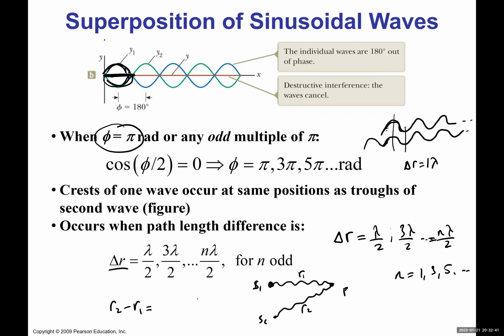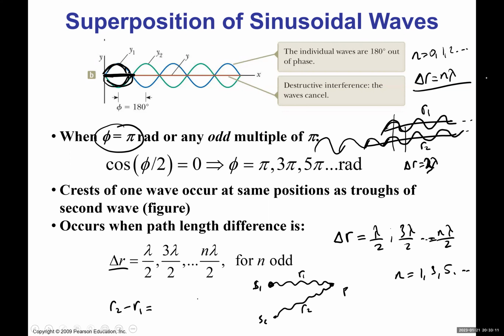That means this is how much this one has to travel, R1, this is how much this one has to travel, R2, and it's exactly 1 wavelength equivalent distance difference between them. Same thing if I have 2 wavelength difference or 3 wavelength difference, and so on. They're still going to be in phase. That's why delta R equals n times lambda, where n is 0, 1, 2.